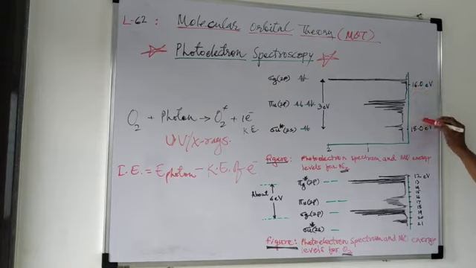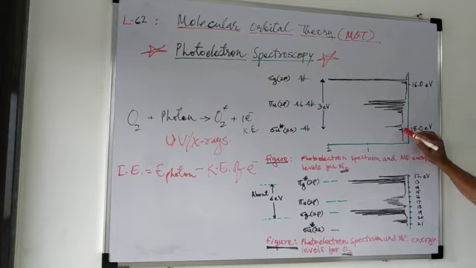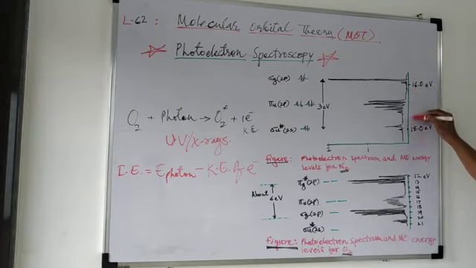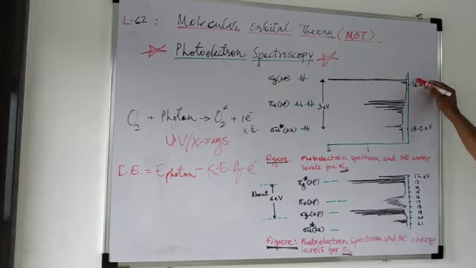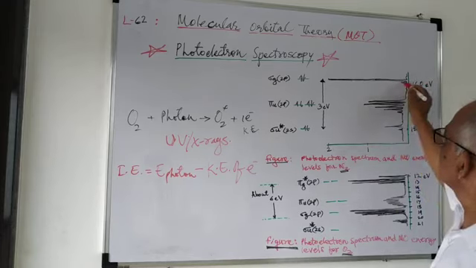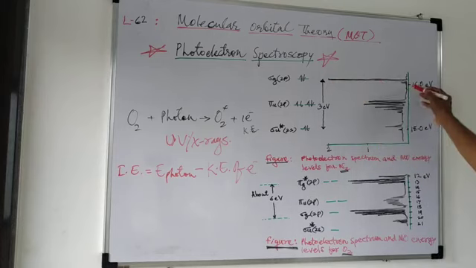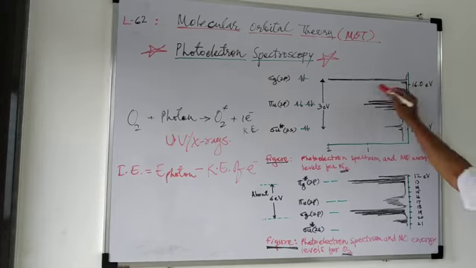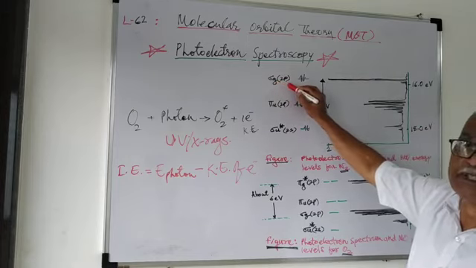As we move down in this spectrum, the peaks end at an energy level less than 18 electron volts. So along this axis, we are using values from approximately 16 to 18 electron volts, and you will find this sharp, very long peak at an energy level much less than 16 electron volts, and this corresponds to the sigma g 2p.